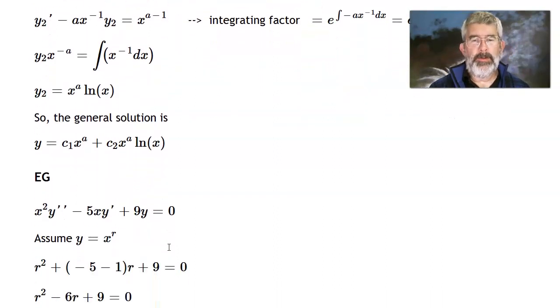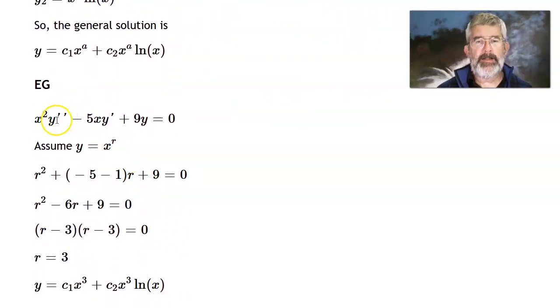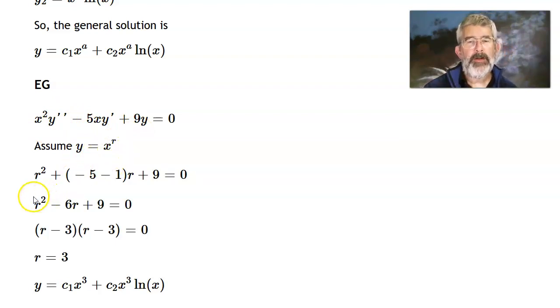Let's do one example. I've got this equation right here. Assuming that the solution is going to look like y equals x to the r, I can plug it in and I end up with this quadratic equation, r squared minus 6r plus 9 equals 0.